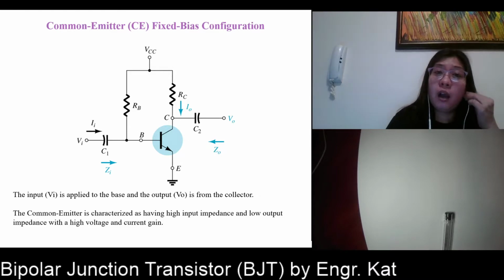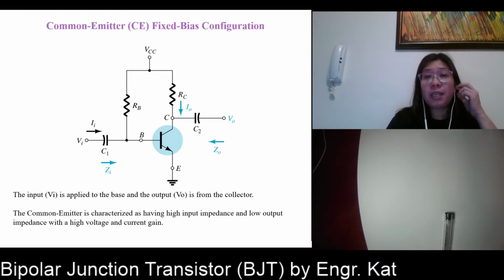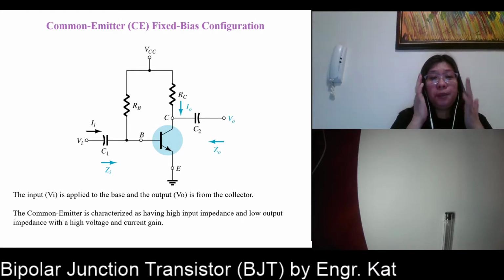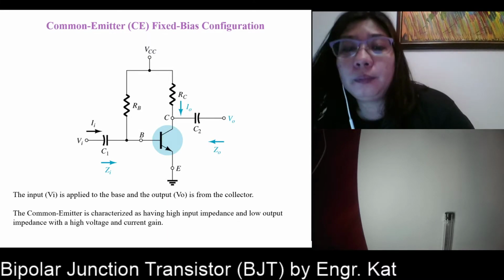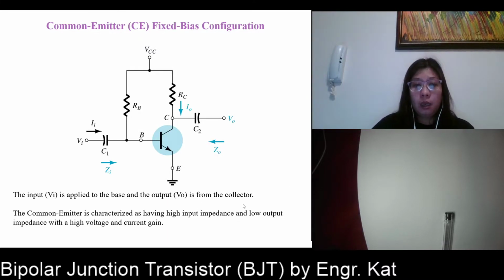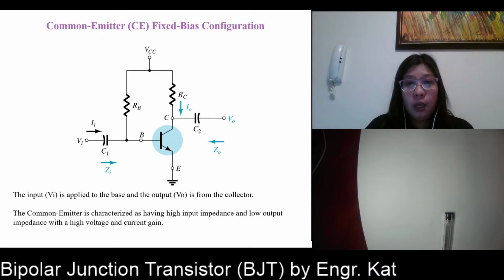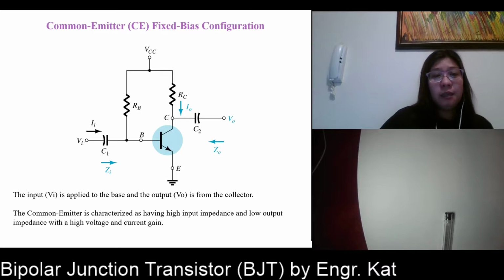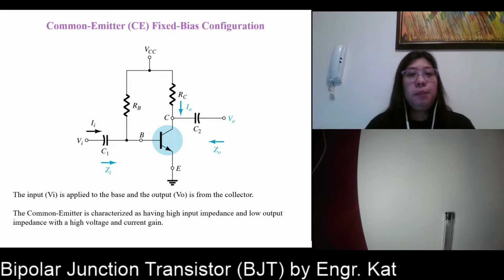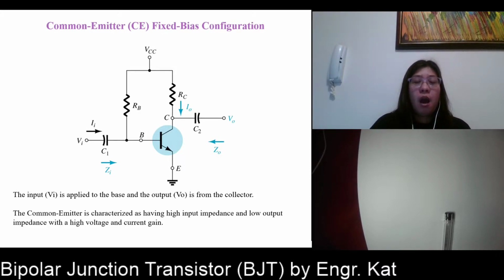So we have here the common emitter fixed bias configuration. The input is being applied at the base of the transistor, while its output is at the collector of the transistor.